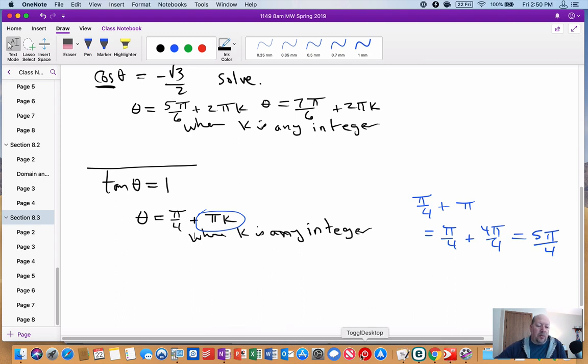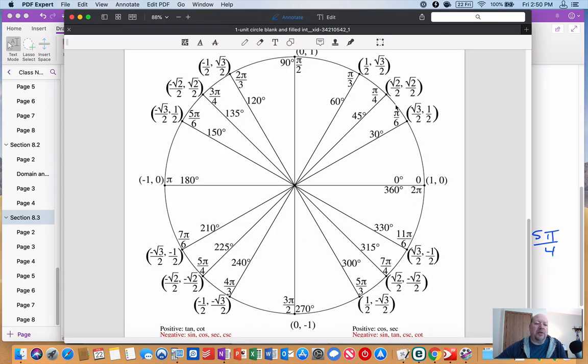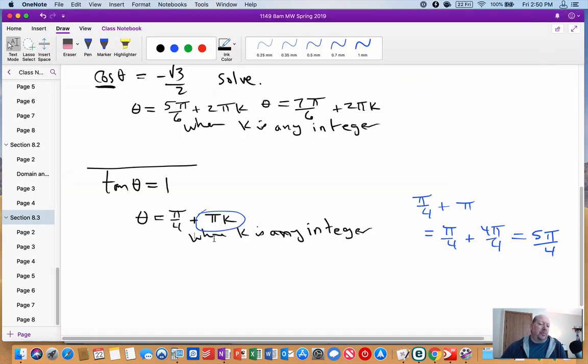So if we pick up the very first angle you come to going around the unit circle, which is pi over 4, that is a solution. And then not do the 5 pi over 4 here, but just simply add on multiples of its period. Then we'll pick up that 5 pi over 4.